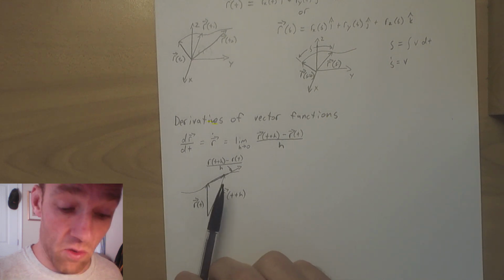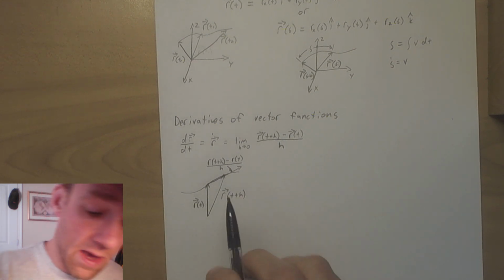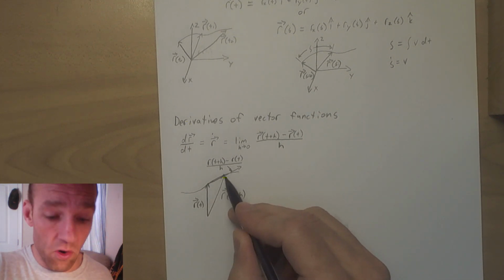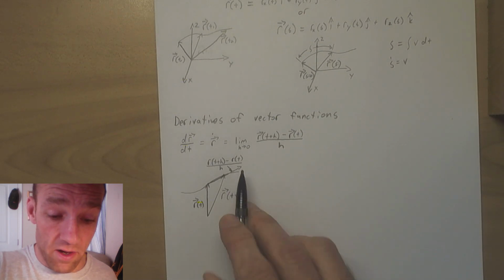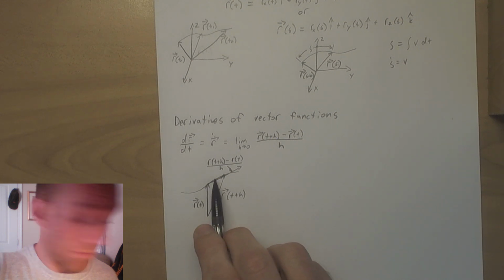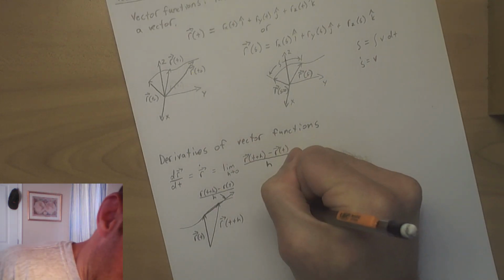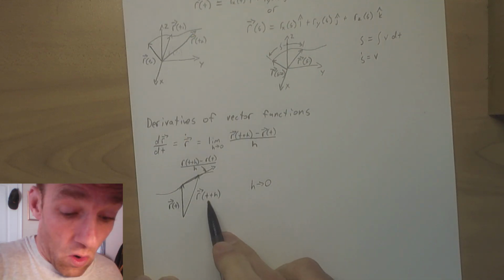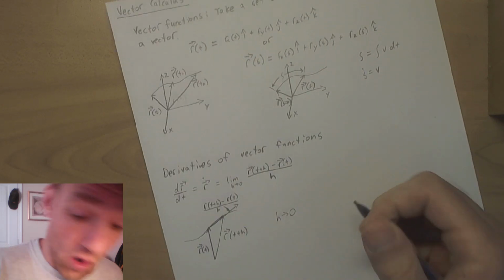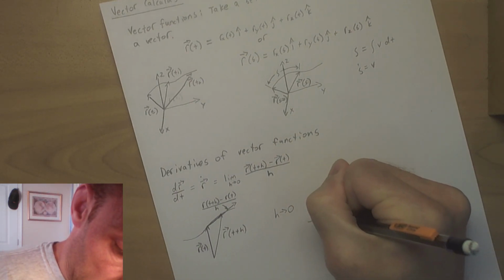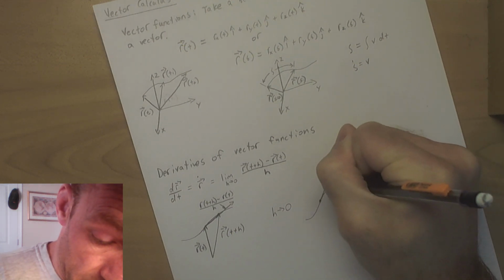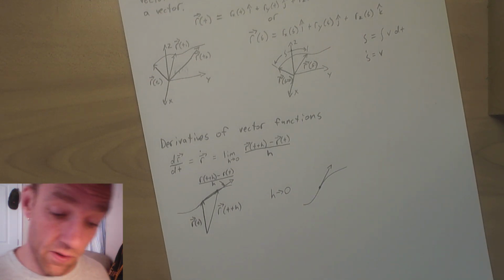So the magnitude roughly stays the same, but see how this thing is basically cutting the corner in the curve. As h approaches 0, this approaches the tangent line, so that as h goes to 0, r of t plus h gets closer to r of t, and this ratio basically defines a line that's tangent to the curve.